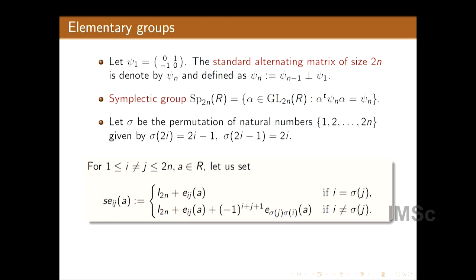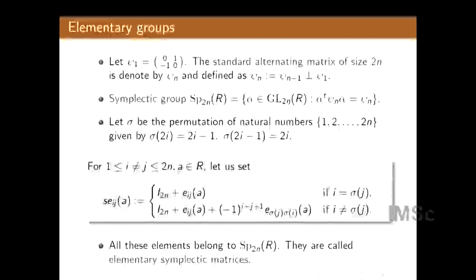For that, we pick two distinct integers i and j between 1 and 2n, and for an element a in the ring, we define Se_ij(a) as follows. When i is equal to sigma(j), it's just the identity matrix plus small e_ij(a). When i is not equal to sigma(j), it has another description. One could check that all these matrices Se_ij(a) satisfy the equation alpha transpose psi_n alpha equal to psi_n.